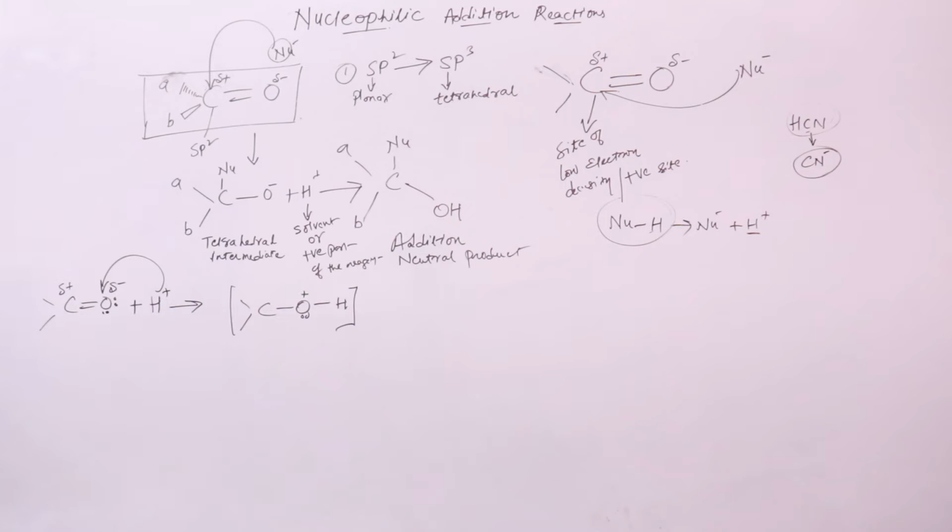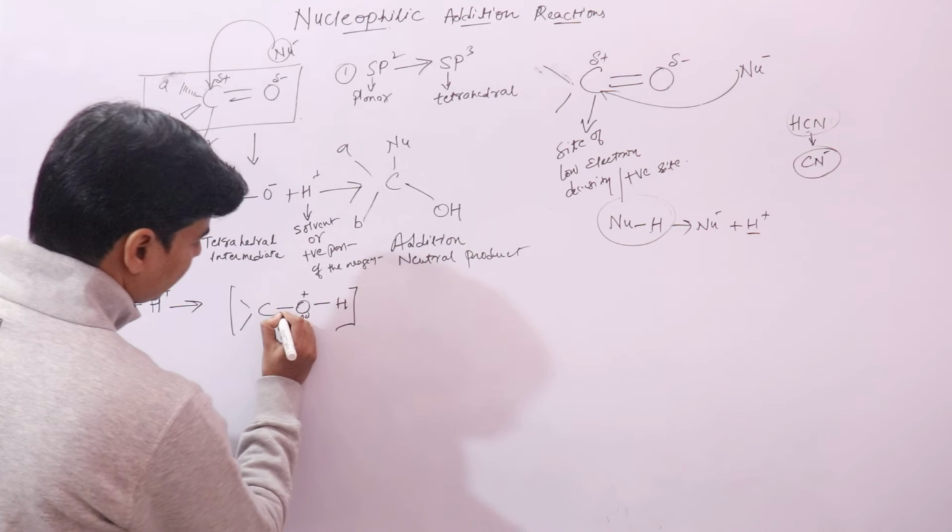And we know that this structure is in resonance. That will make this carbonyl carbon more electrophilic, which will easily be attacked by your nucleophile. I'm sorry, here you have a double bond.